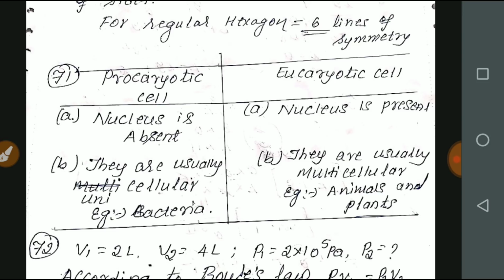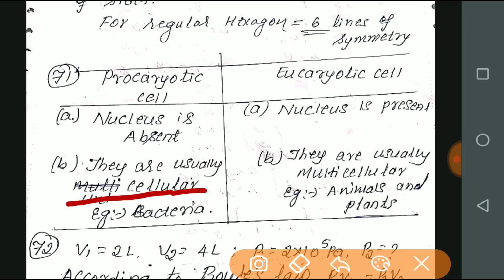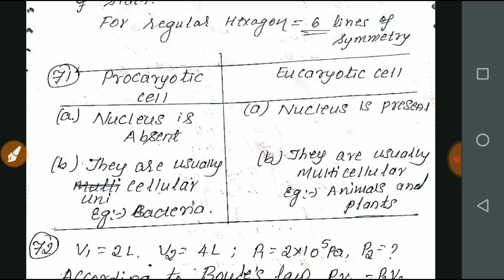Prokaryotes are usually unicellular organisms, example, bacteria, whereas eukaryotic cells are multicellular organisms, example, animals and plants. So these are the differences between prokaryotic and eukaryotic cells.